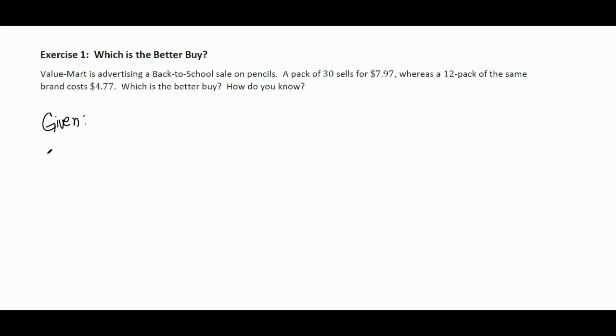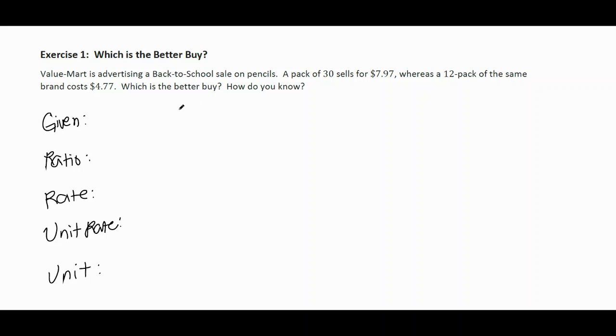Let us find the ratio, their rate, and their unit rate.